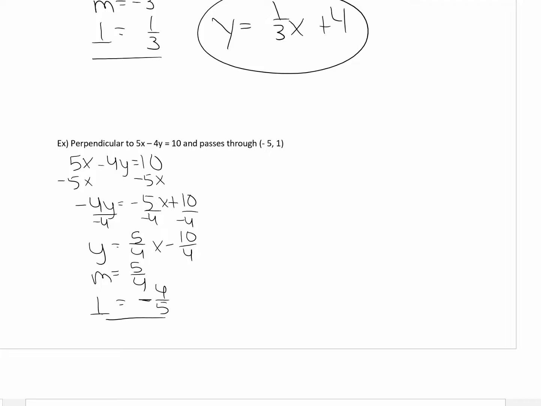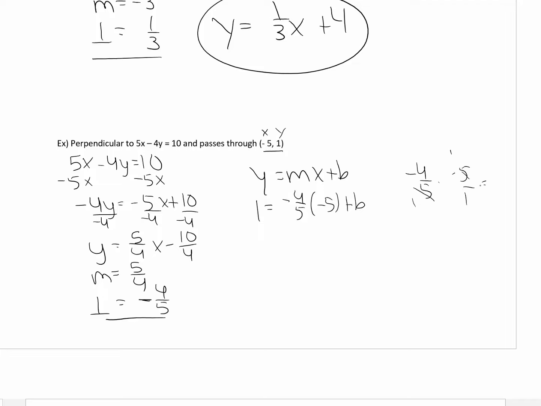So now using this slope with this point, now again, this is not the y-intercept because the x-coordinate is not 0, so I need to now calculate b. I'll substitute these values in for x and for y. On the side, I will multiply.